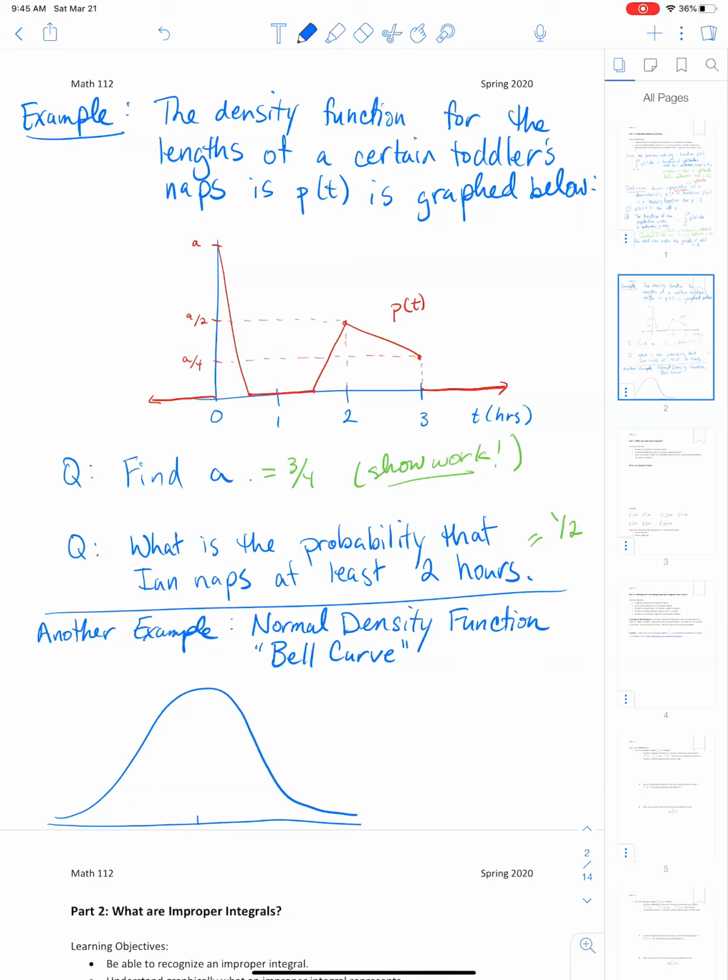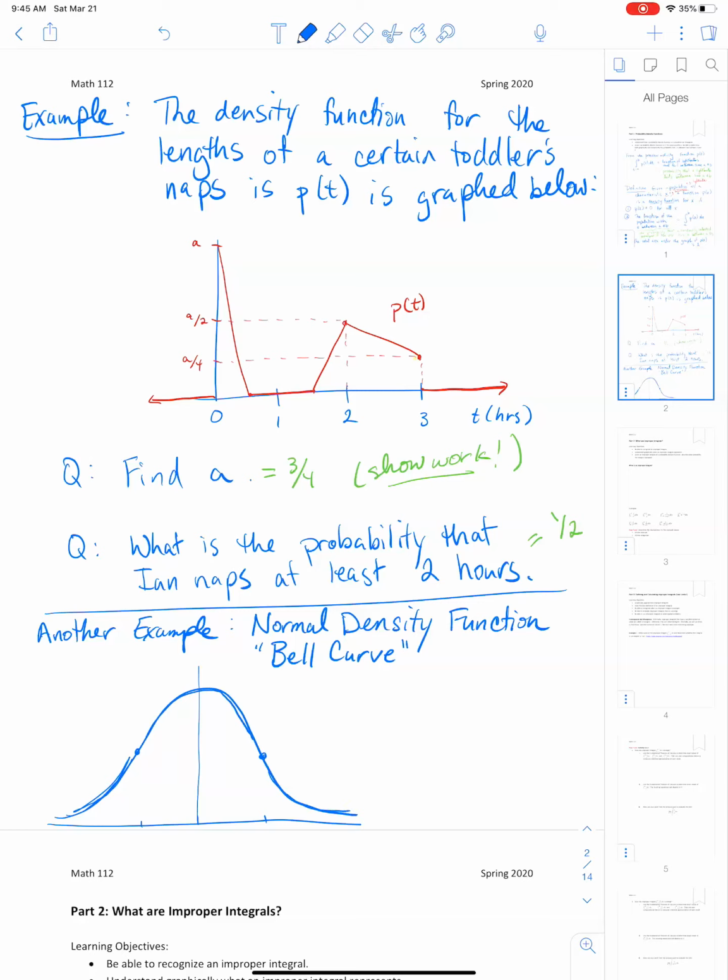It has some center point, and then you can actually see here that on either side of the center, there's a point of inflection where the graph goes from being concave up to being concave down. So the graph is concave up here, and it's concave down in the middle, and then again on the side here, it's concave up again.